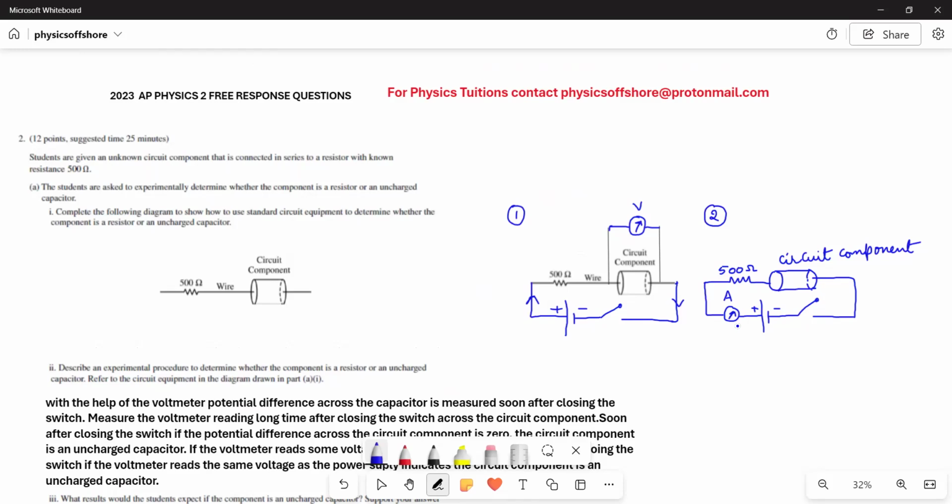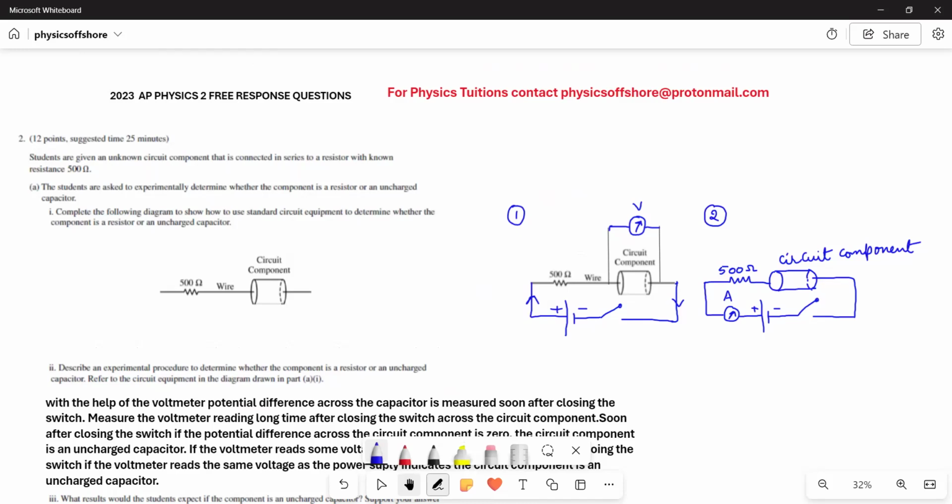You have to check the brightness of the bulb. Soon after closing the switch, how bright is the bulb? After a long time after closing the switch, what is the brightness of the bulb? These are the three methods through which you can check whether the given circuit component is a resistor or an uncharged capacitor.